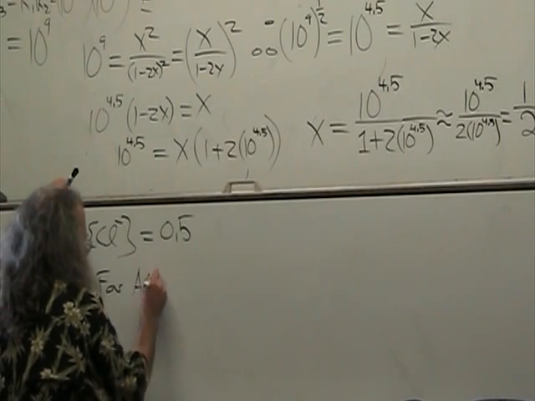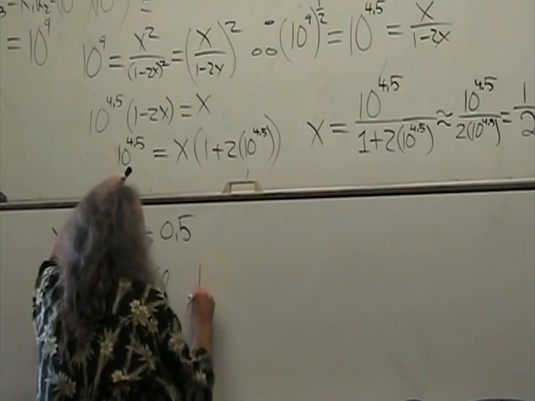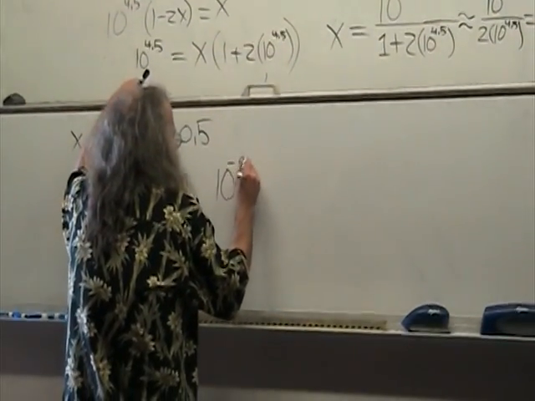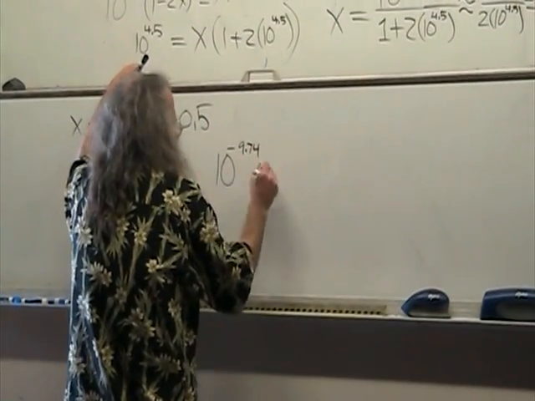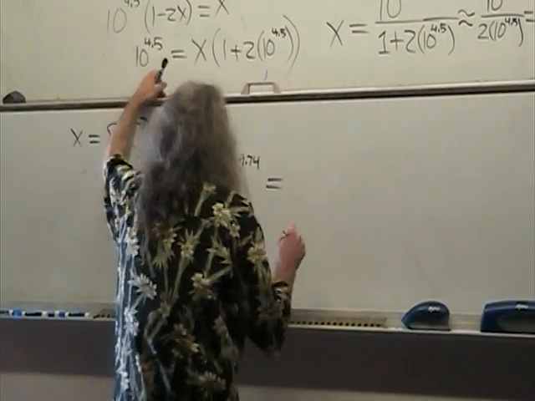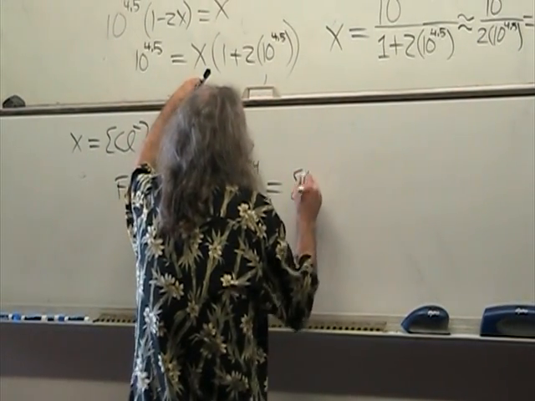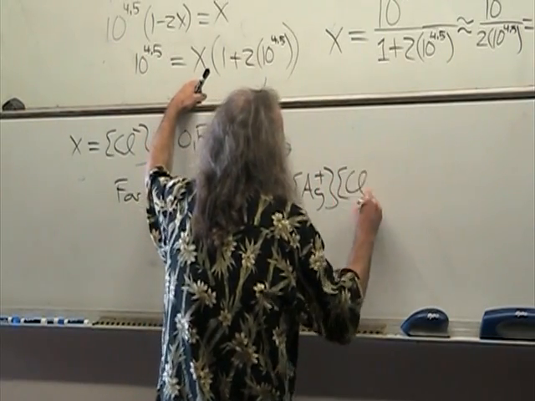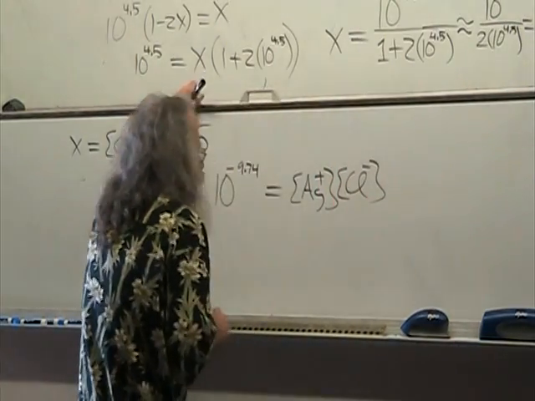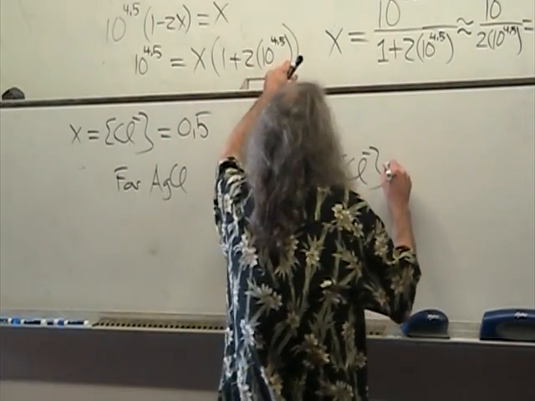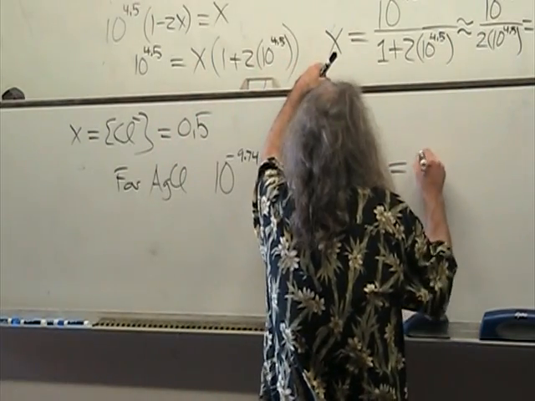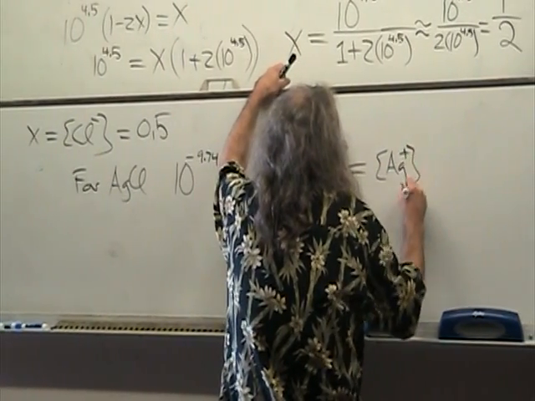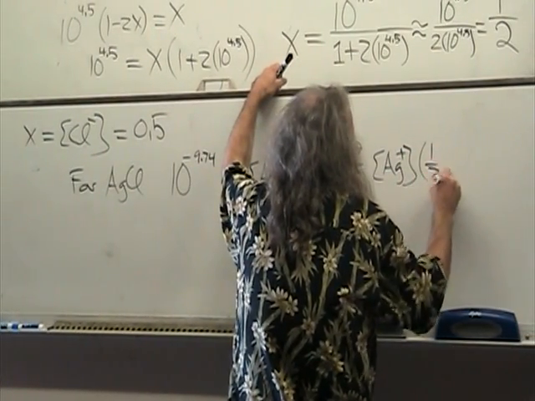We have 10 to the minus 9.74 is equal to the silver ion concentration times the chloride ion concentration, and that's equal to the silver ion concentration times, well, let's just call this 1/2.